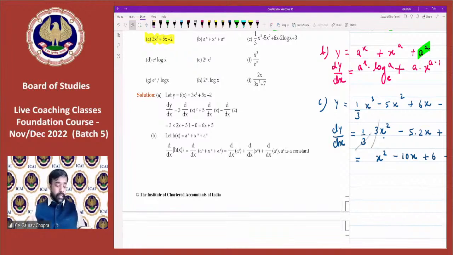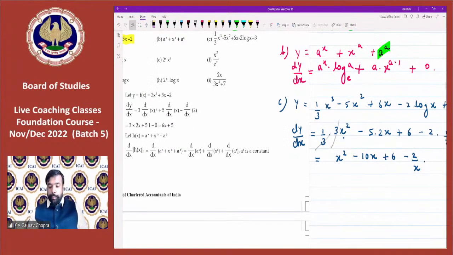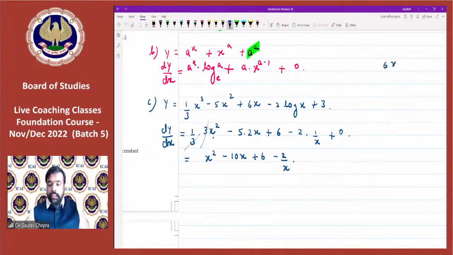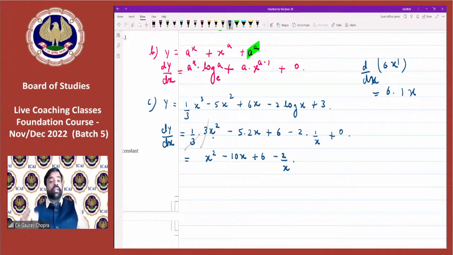Miss Masoom says 6x क्यों नहीं आया? Okay, see, 6x का अगर आपको डेरिवेटिव निकालना है then what will happen? 6x dy by dx. तो 6 will remain as it is. x की पावर अभी 1 है, तो 1 आगे आ जाएगा and x की पावर will reduce by 1, so it will become 0. तो 6 multiplied by 1 is 6. तो इसलिए 6x का डेरिवेटिव होगा 6.